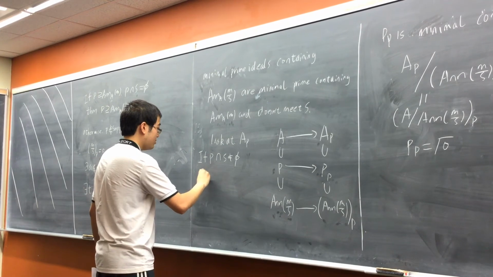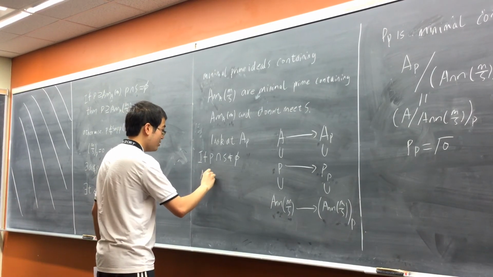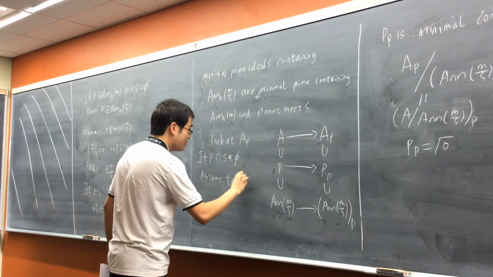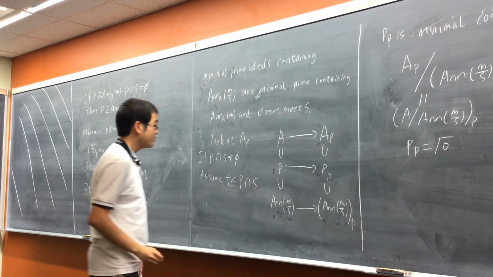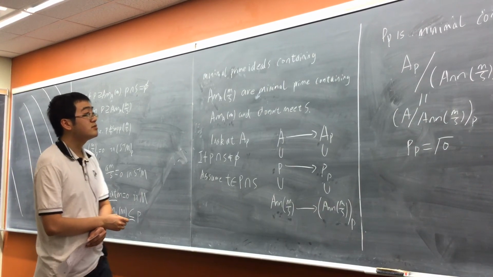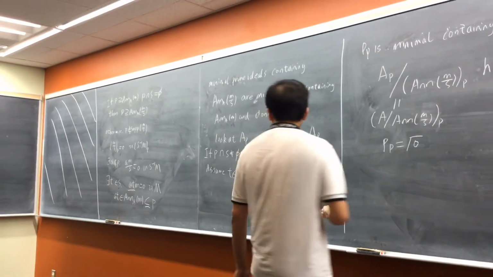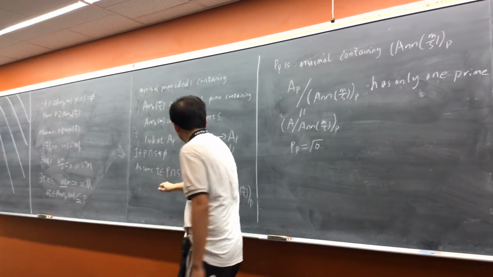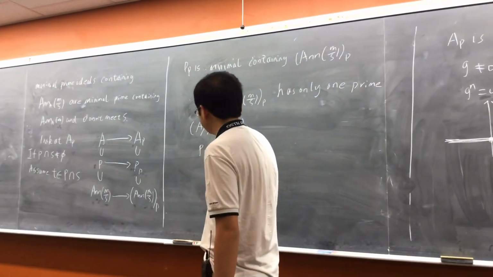I should write this at the beginning, but I forgot. So that means there exists some T in P and S. If T is in P, then T is in this nilradical.